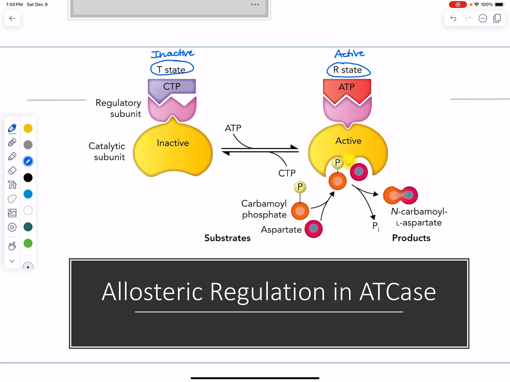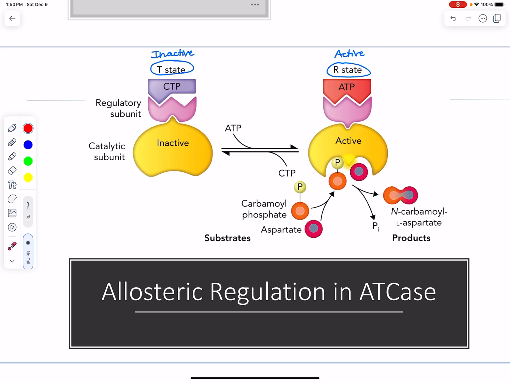When CTP is bound to the regulatory subunit, that induces the less active conformation in the catalytic subunit. But when ATP is bound, that induces a change to the active R state.